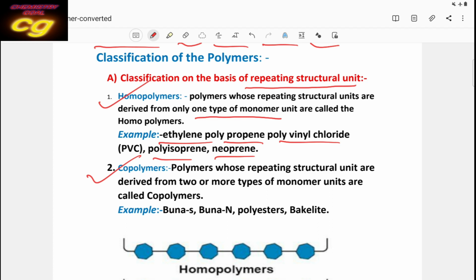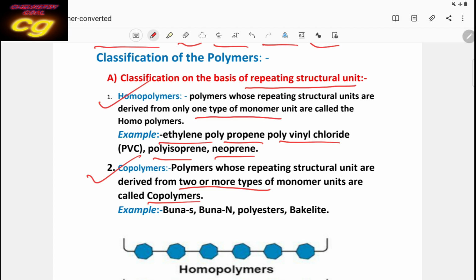So what are copolymers? Copolymers are polymers produced by repeating two or more different monomers. When different types of monomers are combined in the formation of polymer, these are called copolymers. What are the examples?